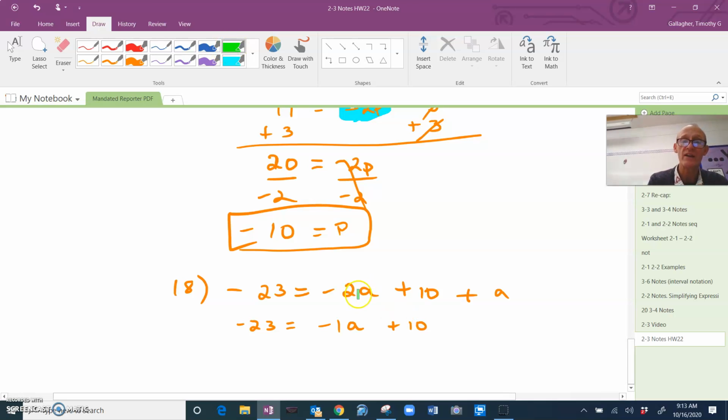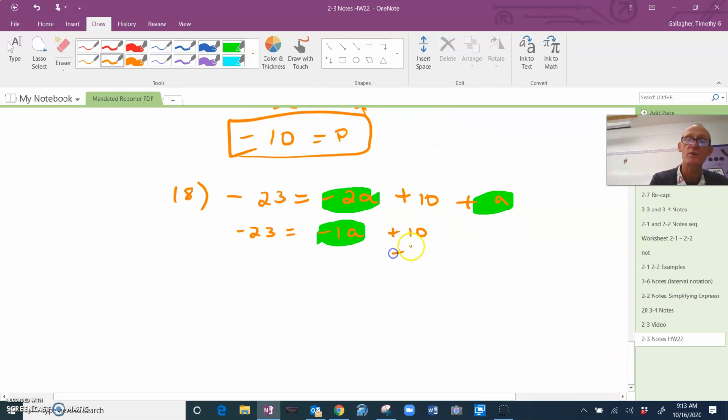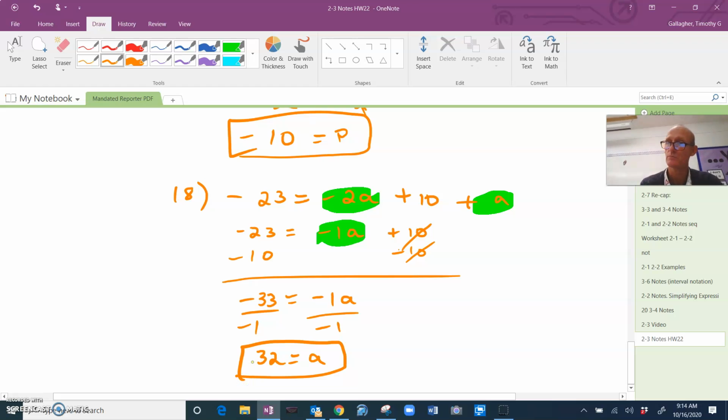The negative 1a came from the negative 2a and the 1a. All right, finishing up, we're going to do the two steps. We're going to subtract the 10, and we get negative 33 over here. And then we're going to divide by negative 1. And we get 33 equals a.